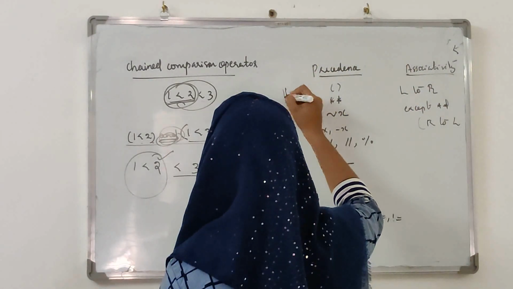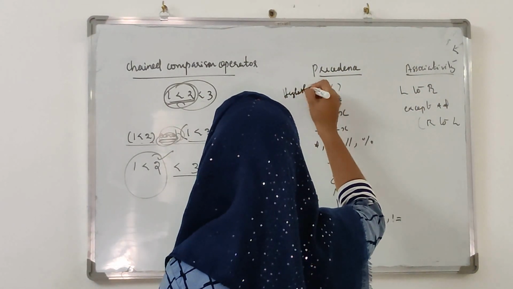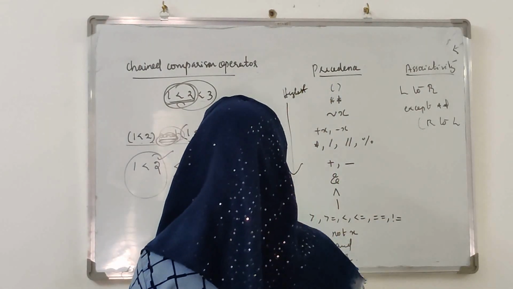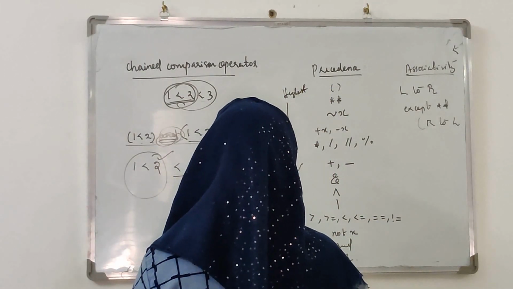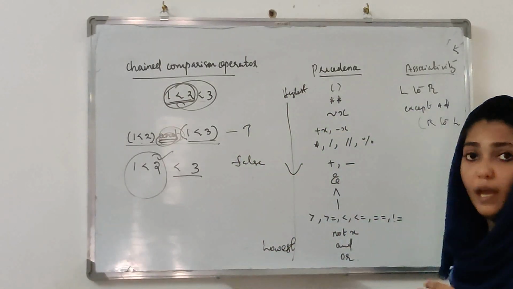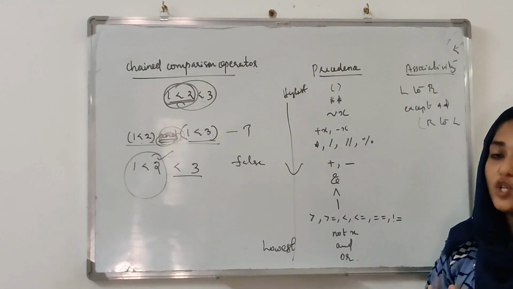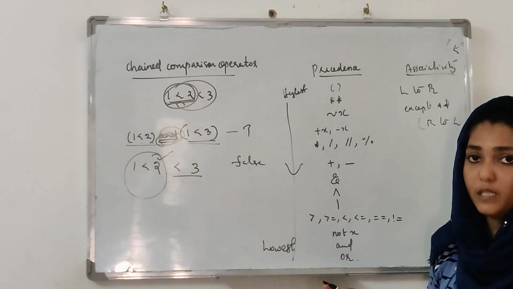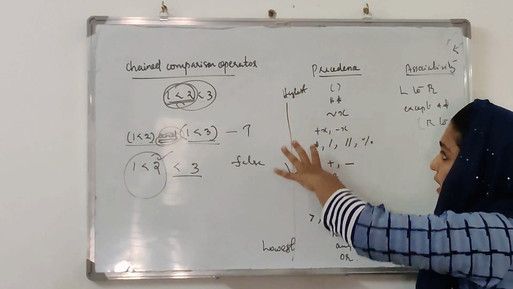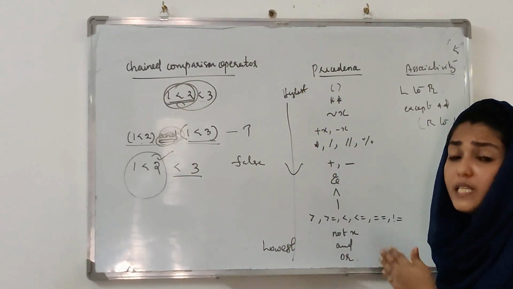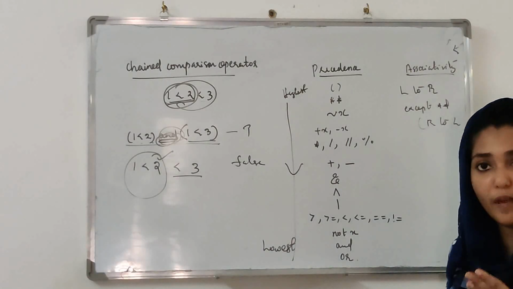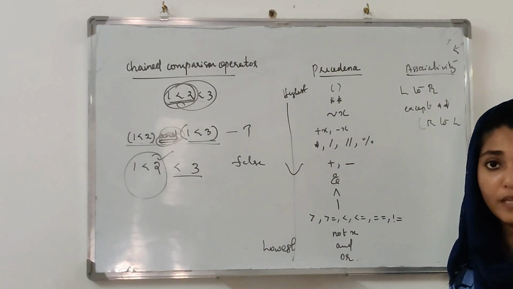The highest precedence is for parenthesis, and this is a table which shows the precedence of operators. If we have an expression which consists of so many operators, operator precedence tells us which operator needs to be evaluated first and which needs to be evaluated last.